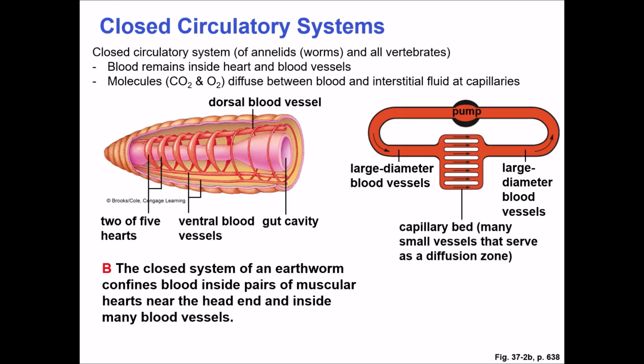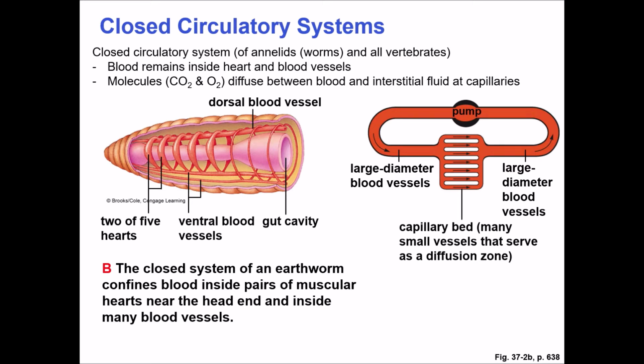Then, when you get to the closed circulatory system, we have two main molecules: oxygen and carbon dioxide. Basically, it is something that is connected. It is not open. So blood always goes through arteries, veins, and blood vessels. Everything goes through all these types of tissues.